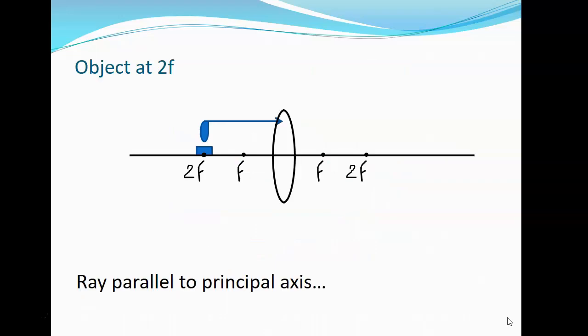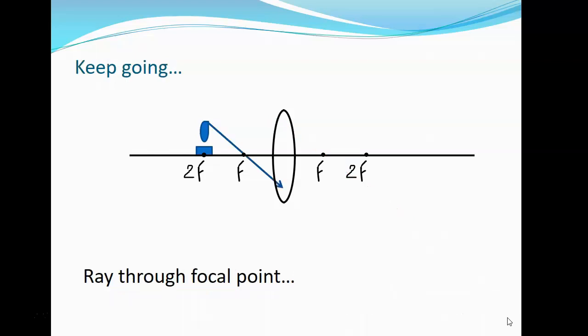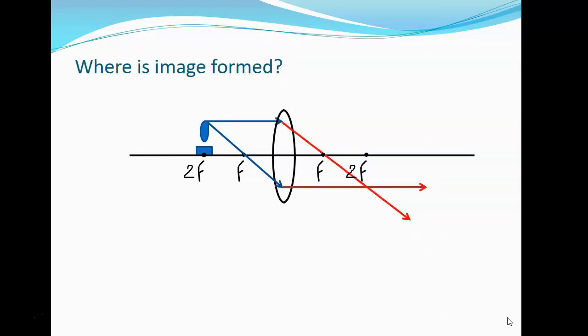So let's start off with an object right at 2F. Draw your light ray parallel to the principal axis. It gets refracted through F. Keep going, light ray coming through the focal point, gets refracted parallel to the principal axis.